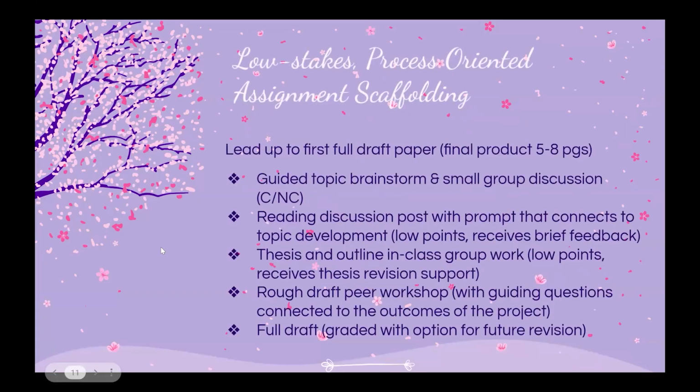And then in terms of the low stakes process oriented assignment for my classes, it might be something like a 5 to 8 page paper. And it's broken down into multiple pieces, and those pieces get small points that lead to larger points, and it's also getting both peer feedback in some sections and instructor feedback in other sections.